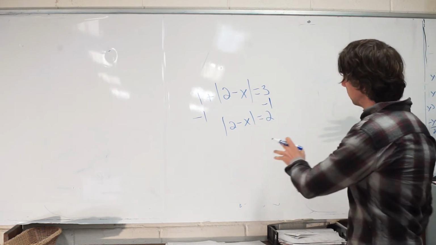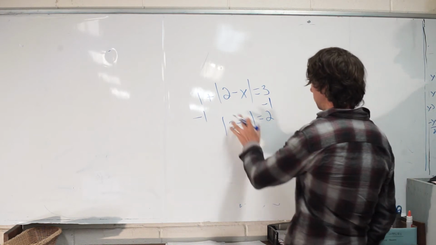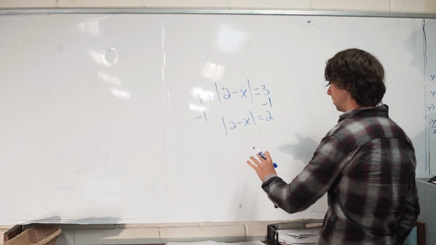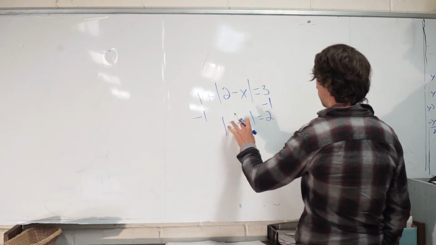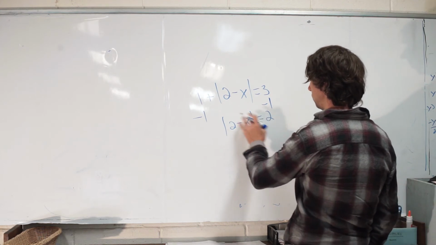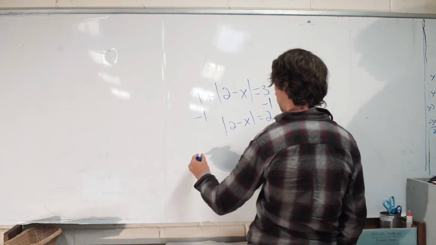And then you split this equation into two separate equations, because what this absolute value does is it makes everything in here positive, which means that if this is negative 2 in this case, that'll be a solution, or if this is positive 2, that'll be another solution. So I'm just going to write that information here.